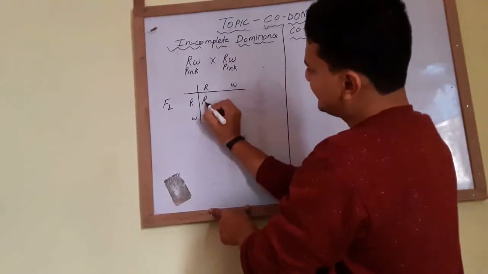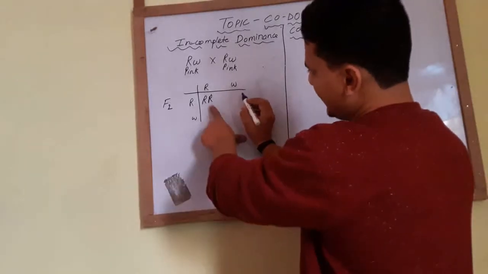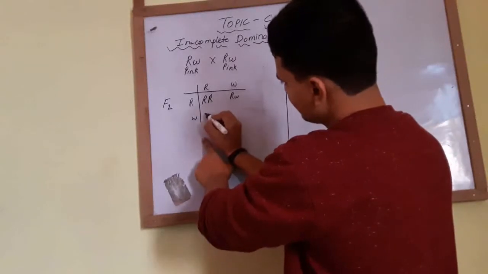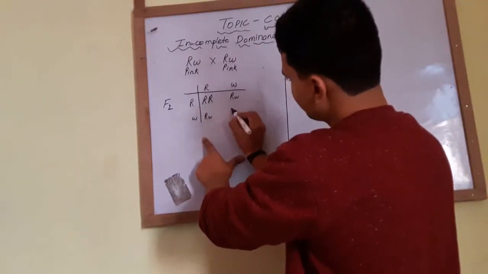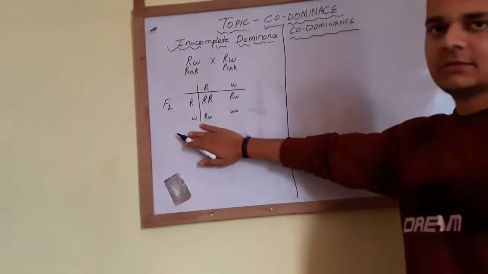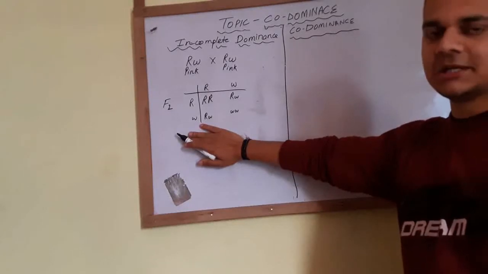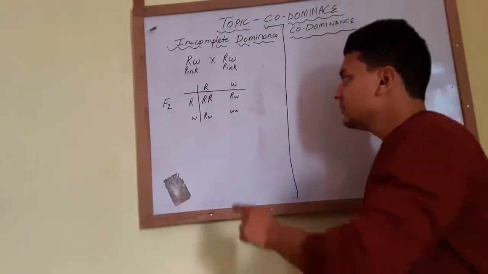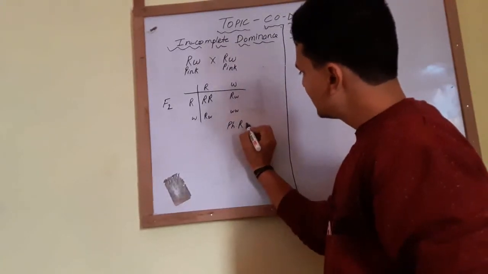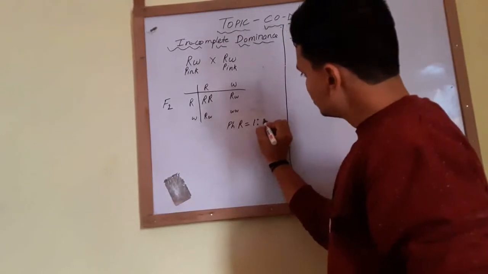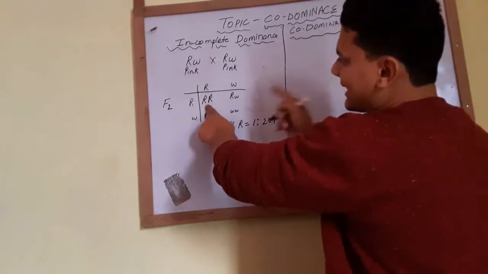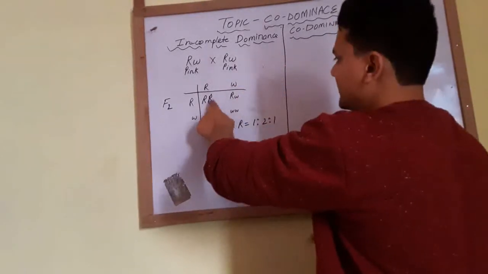So when plotting these in Punnett square, say the offspring in F2 generation will be, right. So these are the 4 offspring of F2 generation, and when we talk about their phenotype ratio, the ratio will be 1:2:1, because the first offspring will be pure red color, law of dominance, both are dominant.